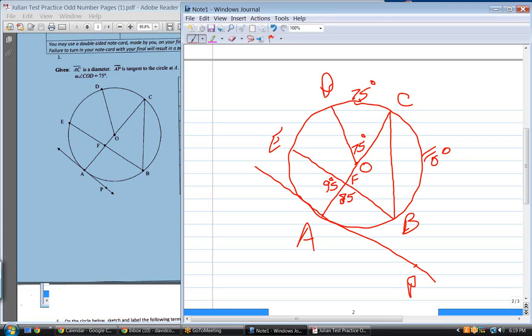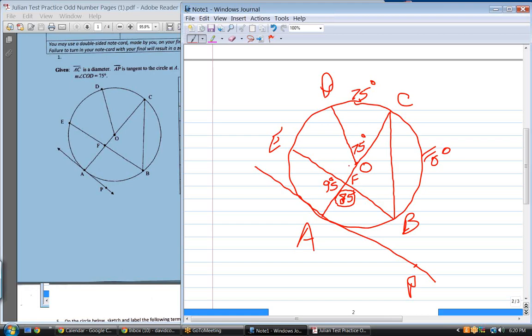Okay? So now we're looking at the situation where we have two chords, AC and EB. So this angle right there has to equal half of EC plus AB. We don't know what ED is, though. Ah, yes we do.